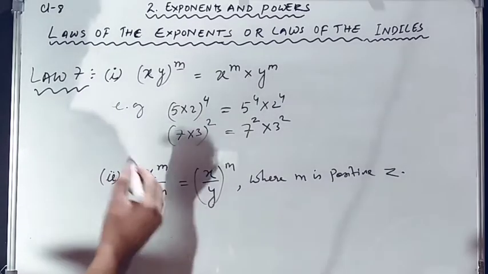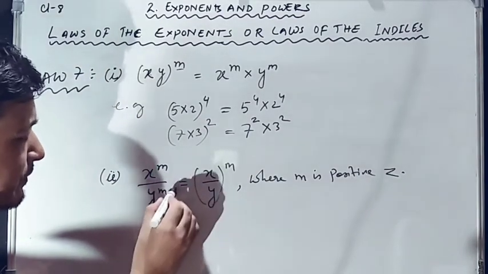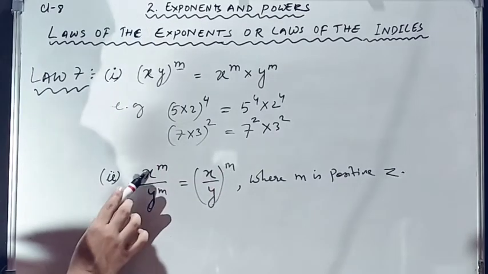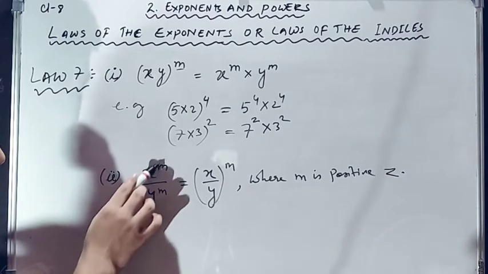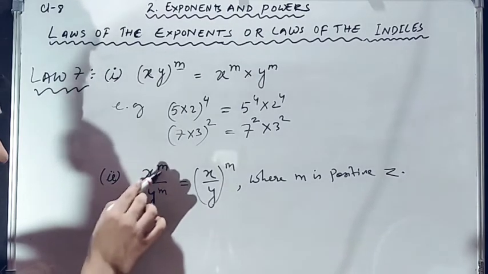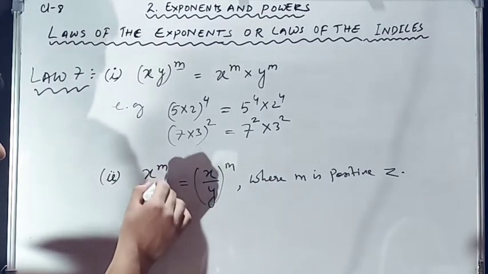Now the second one, x raised to the power m divided by y raised to the power m. Here you can see our bases are different, x and y, but our powers are the same, right? Exponents are the same.